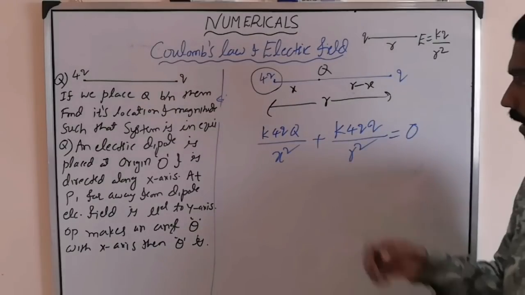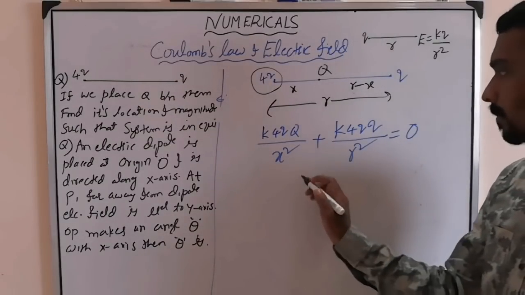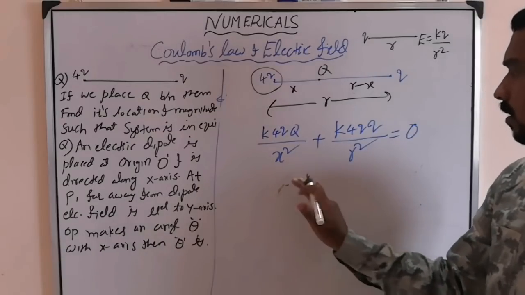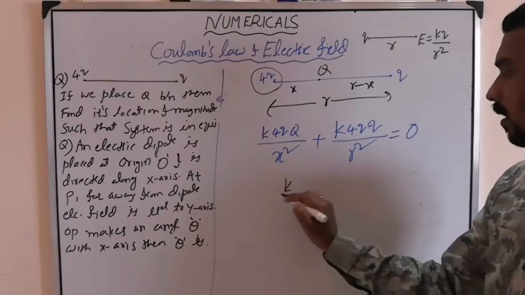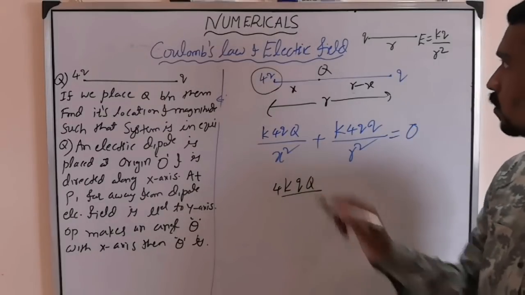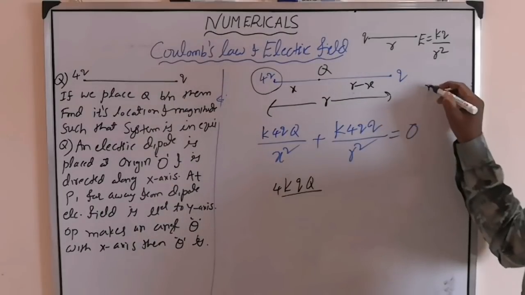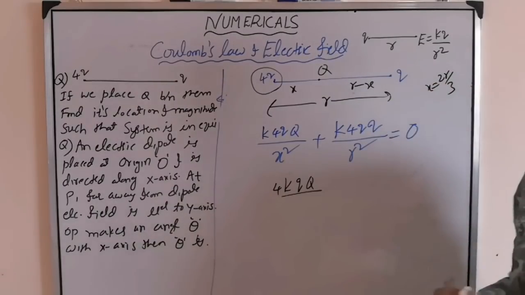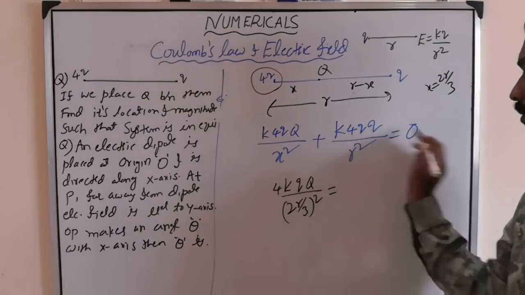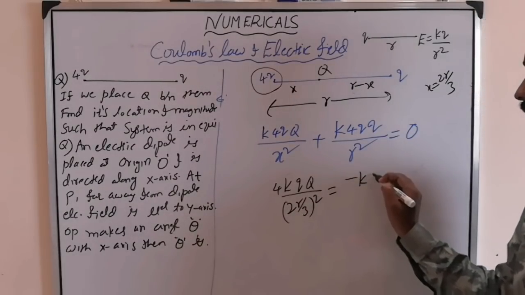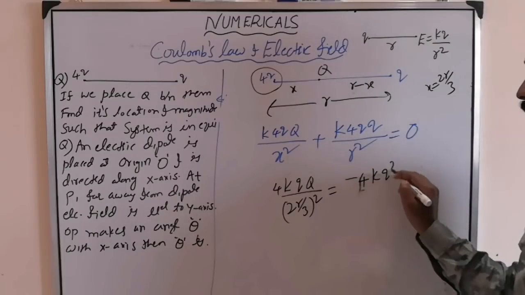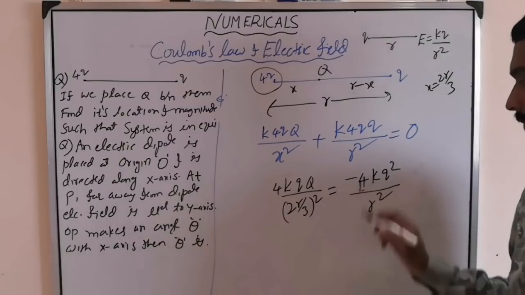So here, if you equate it, K 4q Q by x square. X value I found. How much is x? 2r by 3. I am substituting. 2r by 3 whole square equal to, this is minus, 4 k q into Q square by r square.